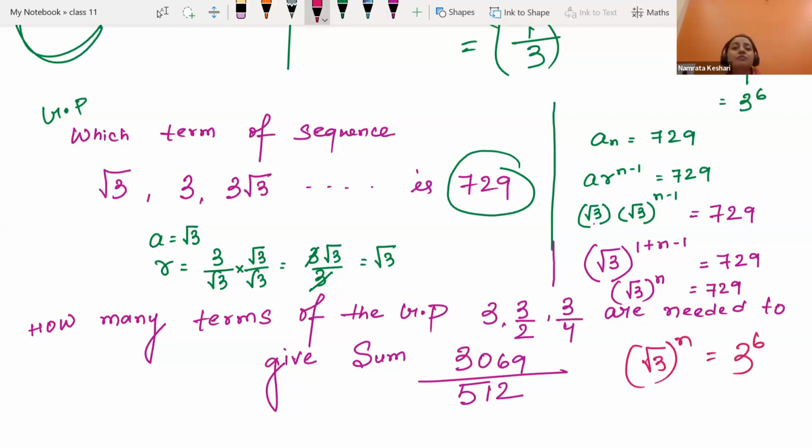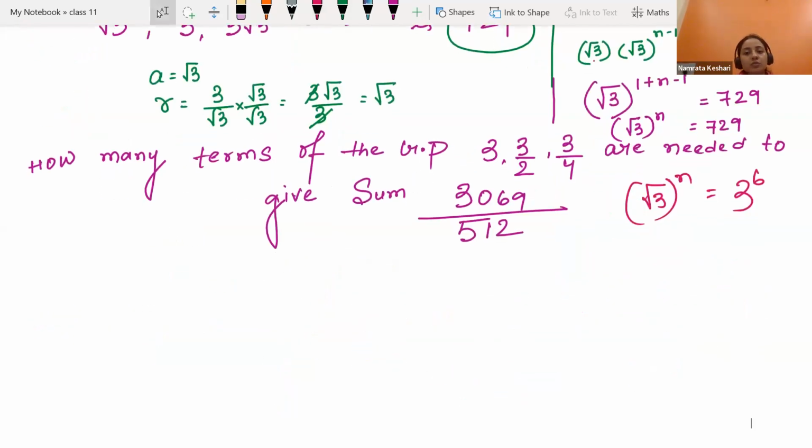We can compare the powers only if both sides have the same bases. Now the bases are not the same, so we are not able to compare the powers on both sides. So we will make them the same. How?